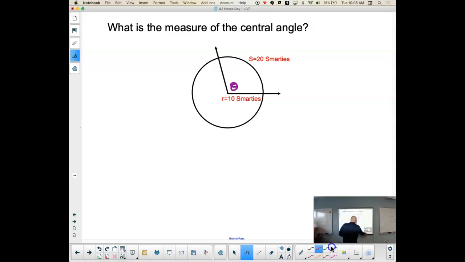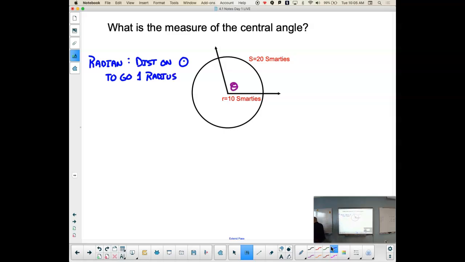Refreshing our memories: a radian is the distance on the circle to go 1 radius.